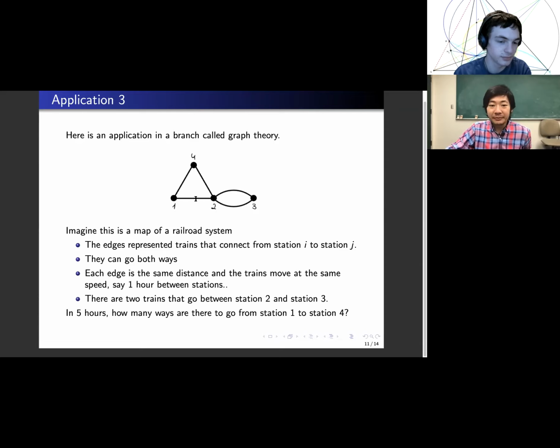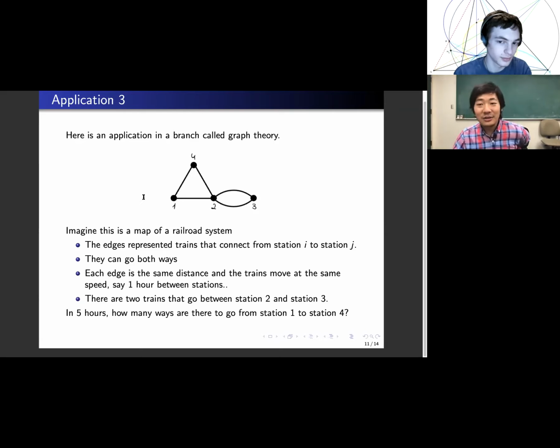And then I guess there are two choices, right? If you go here, you could have gone this way or that way. Maybe you can go 1, 2, 3, 4, 5. Yeah, you can go from 1 to 2, 2 to 4, 4 to 2, 1 and 4, like that. But anyways, it's kind of complicated, right? So is there a way to count the number of ways to go from 1 to 4?